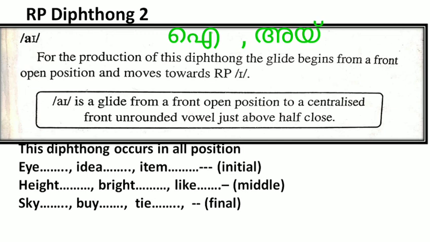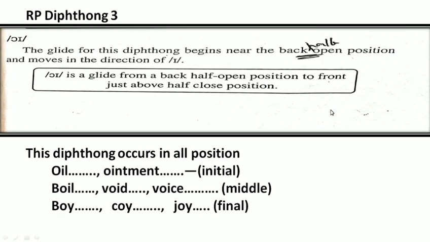This diphthong occurs in all positions in English, as in I, initial, idea, initial, but as in height, it is middle position, bright, middle position, sky, final position. You have to transcribe these words, consulting a good Oxford dictionary or Cambridge dictionary.